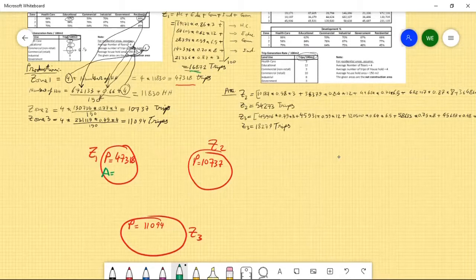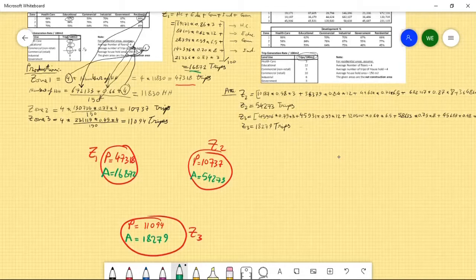It's 16,872, and the attraction here for zone 2 is 54,273, and for zone 3 it's 18,279. So now, as you can see, we have production from one zone, we have attractions.